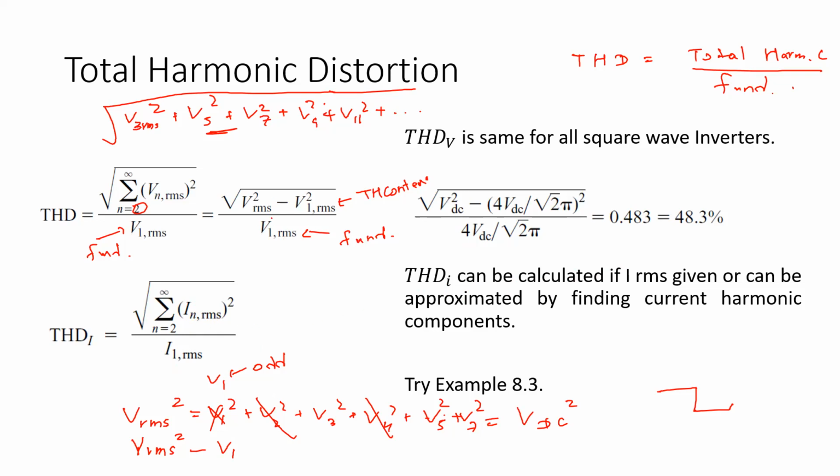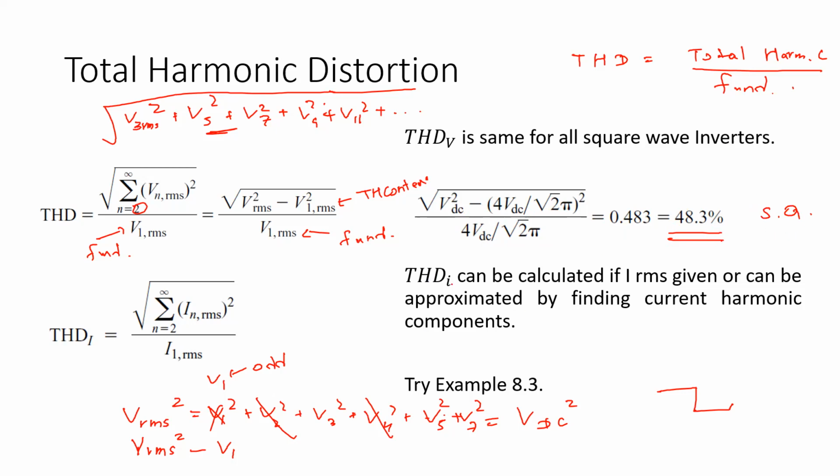For voltage, we can easily do this, and for a square wave inverter, THD is a constant because we know VRMS is VDC, and V1 RMS depends on VRMS, which is also constant for the same inverter. Using this expression, you can calculate the THD value to be 48.3 percent for a square wave inverter. So this is a constant.